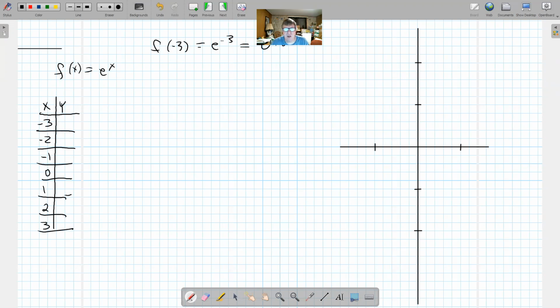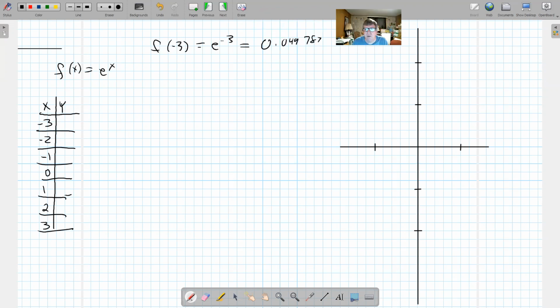I'm going to round these off because I'm not going to be graphing it super accurately. I'm going to call that 0.05, rounding to the 100th place. And I may not do that consistently in this. I just want to get some rough information.